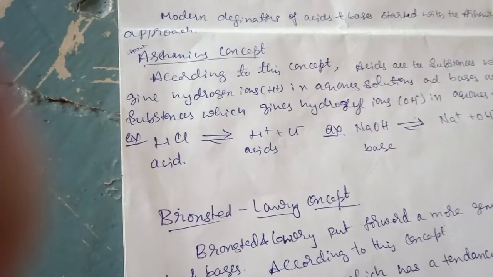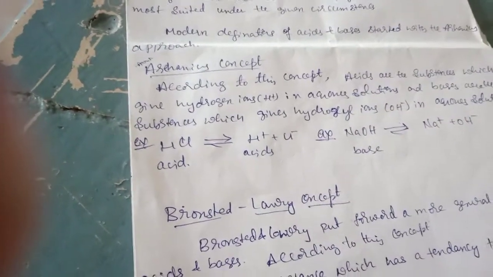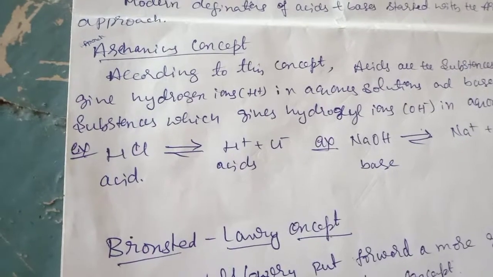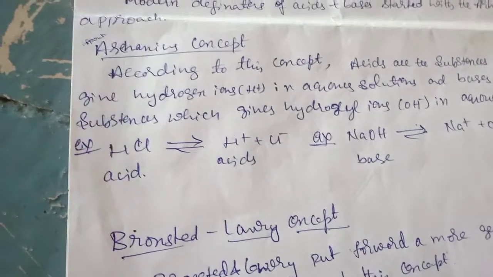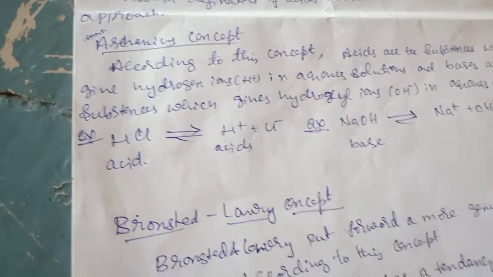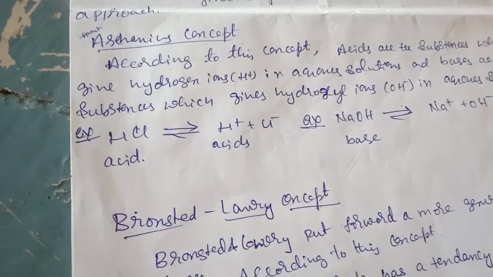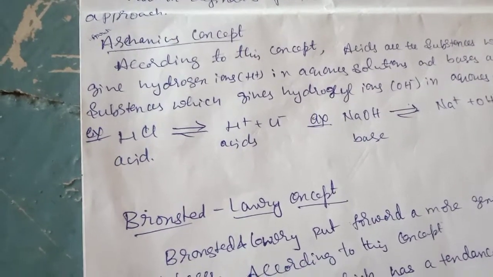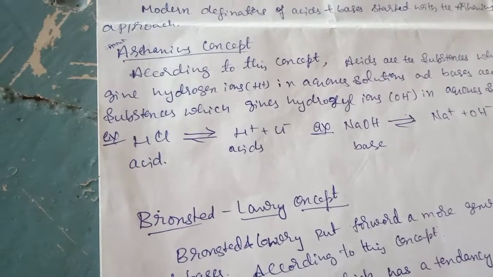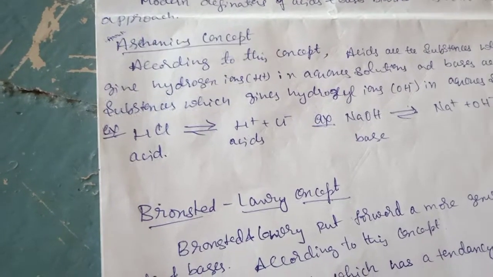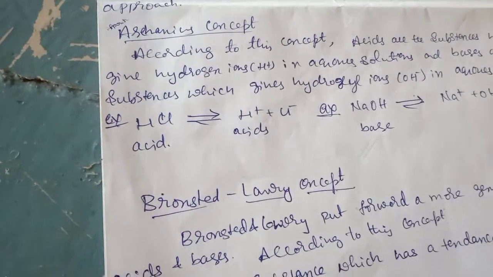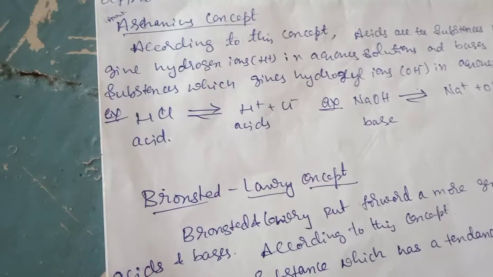Some scientists identified properties based on taste, sour and bitter, and others used litmus paper. This has confused the concept of acids and bases, but each definition is correct within its own framework of work.